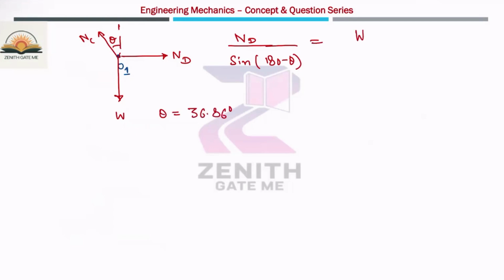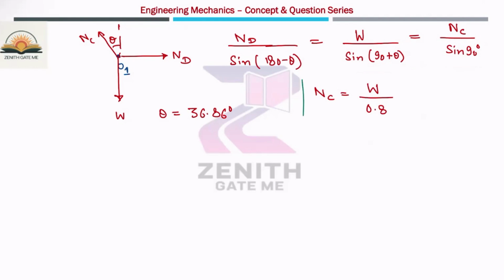Similarly, W divided by sine of 90 plus theta, and NC divided by sine of 90 degrees. From here, you will get the NC value, which is W divided by sine of 90 plus 36.86, which gives 0.8. Okay, so the normal reaction at C you have calculated.